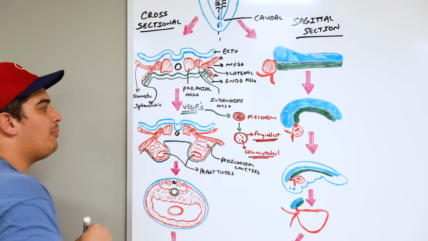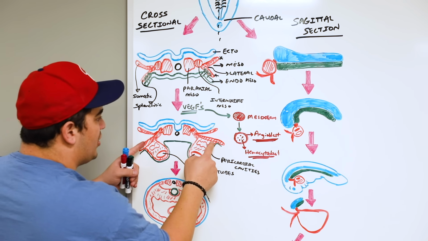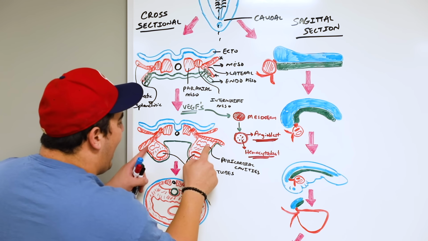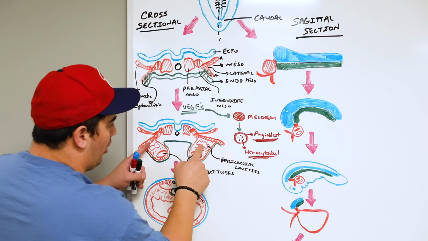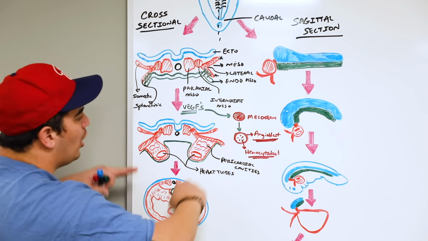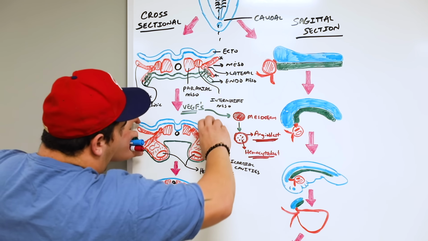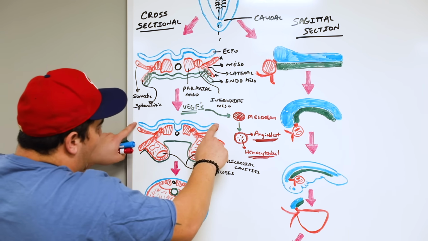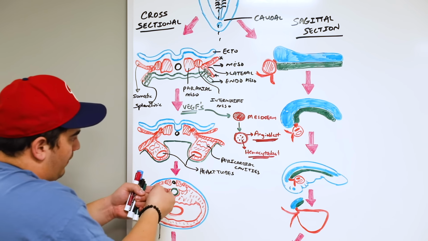So from the lateral plate mesoderm, what did we do? We released VEGF, stimulated the lateral plate mesoderm to form heart tubes, and a little cavity starts to develop within that lateral plate mesoderm, and these are called your pericardial cavities. Now, imagine these edges of the embryo, I'm going to start bringing them closer to one another. I'm going to bring the ectoderm layer, cause it to fuse together. Bring the mesoderm layer, cause it to fuse together.